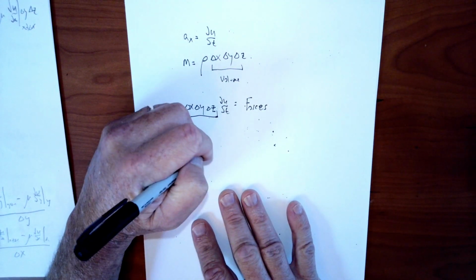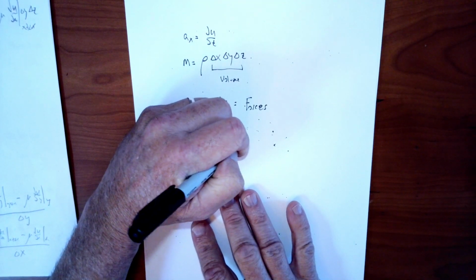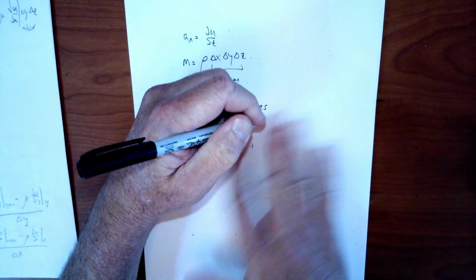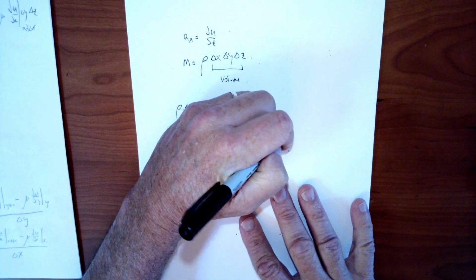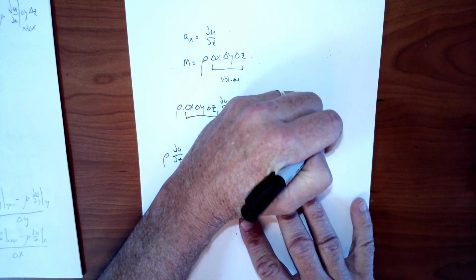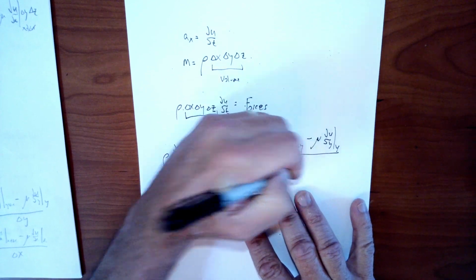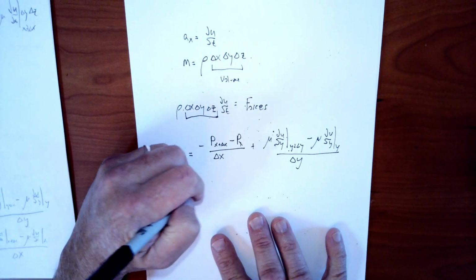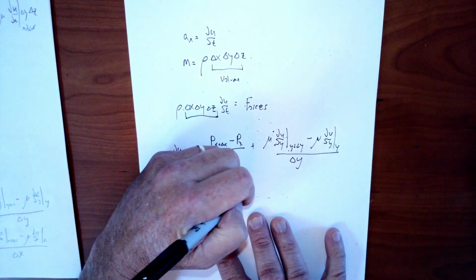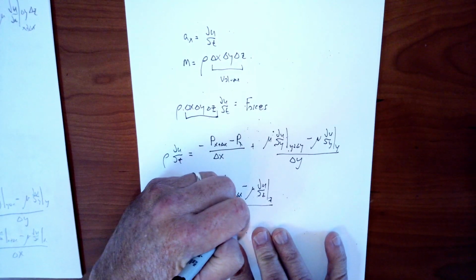And on the right-hand side, I'm going to have things like this. P at x plus delta x minus p at x divided by the one that didn't have, which is delta x. The next one, I have mu du dy evaluated at y plus delta y minus mu du dy at y divided by delta y, because that's the one that it didn't have. Then I have mu du dz at z plus delta z minus mu du dz at z divided by delta z.